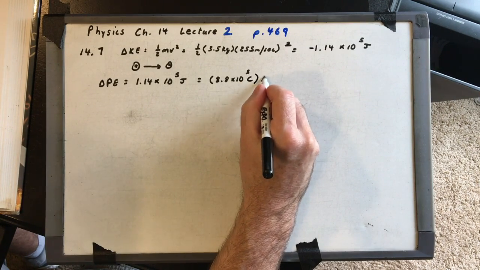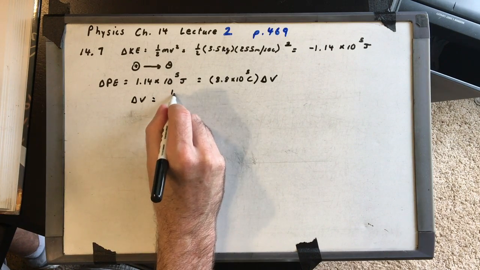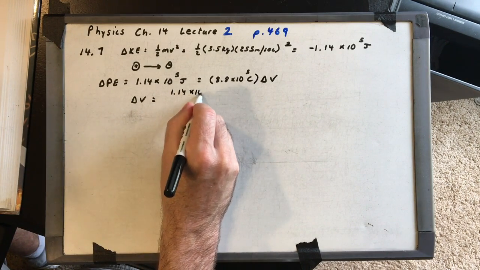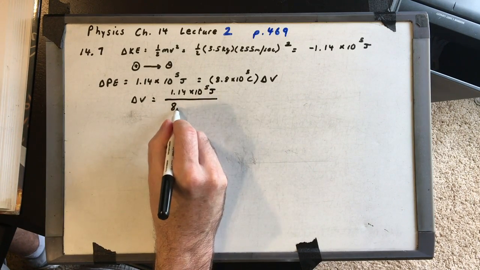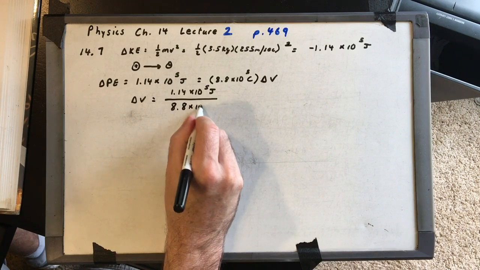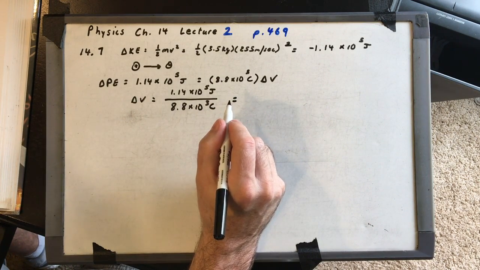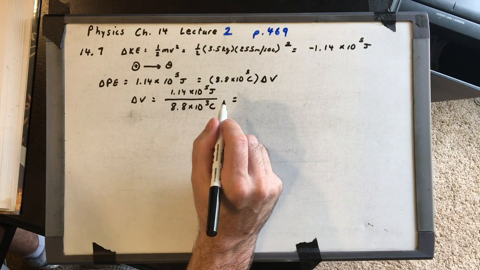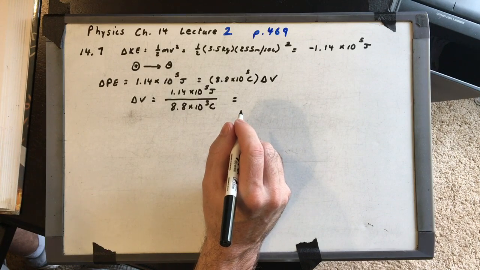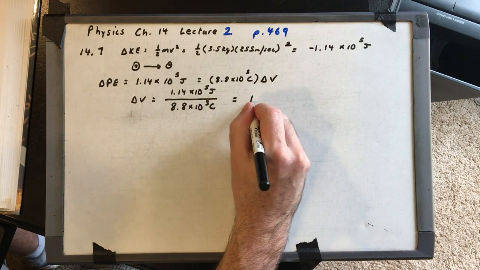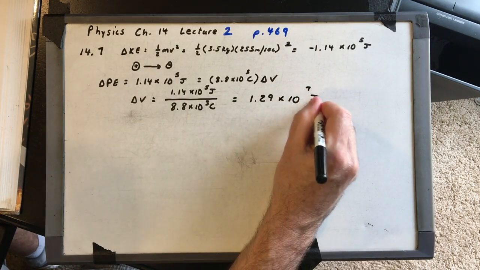All right, and then we need to get delta V. Okay, so delta V, 1.14 times 10 to the 5th joules over 8.8 times 10 to the 3rd coulombs. So delta V is 3.38 times 10 to the 7th, no, excuse me, that's not right, 1.29 times 10 to the 7th joules.